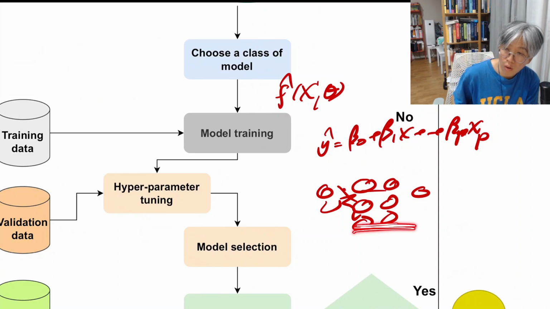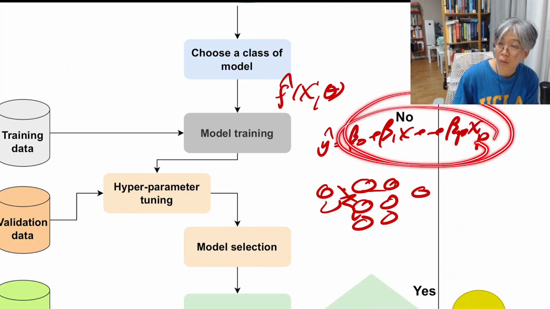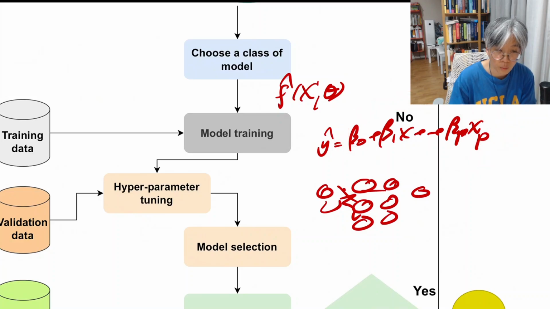If you pick more hidden layers, your model is more complex. If you choose more regressors in your linear regression, your model is more complex. Using a more complex model is not necessarily good.